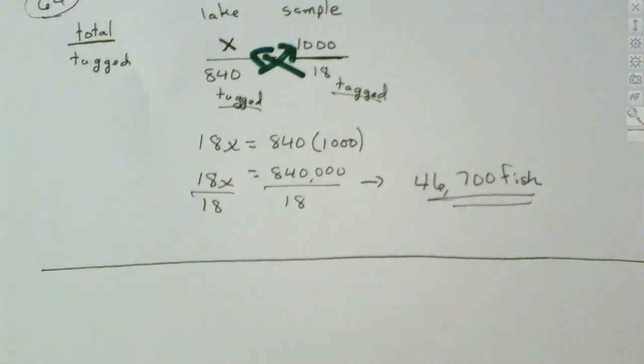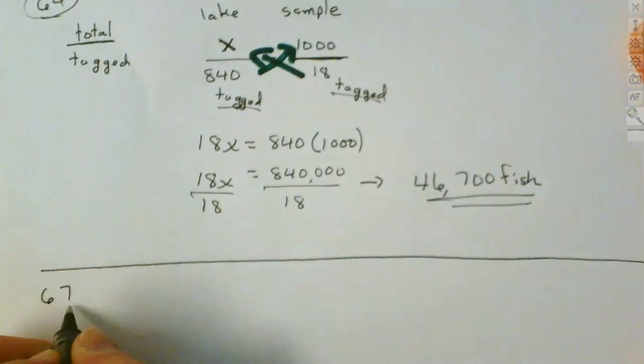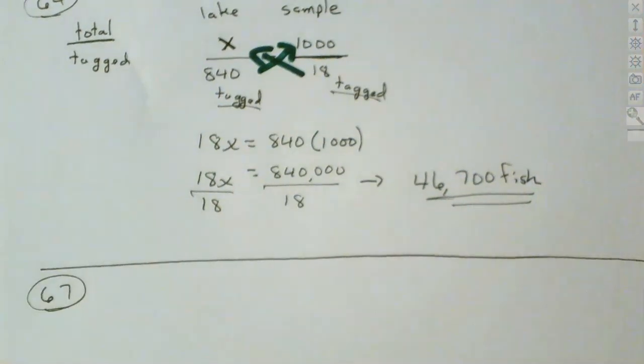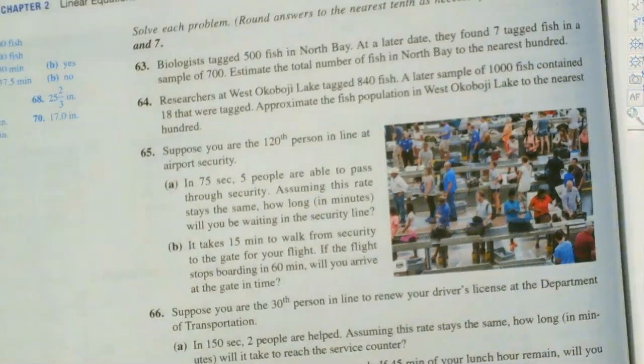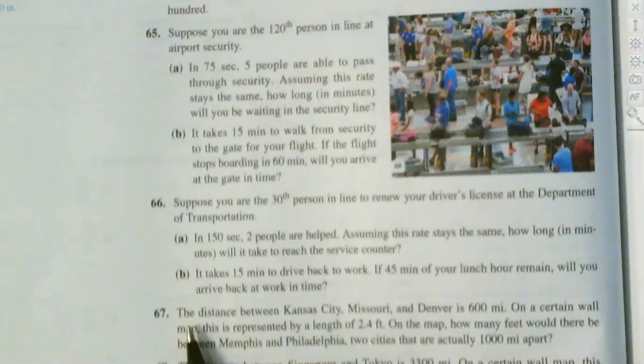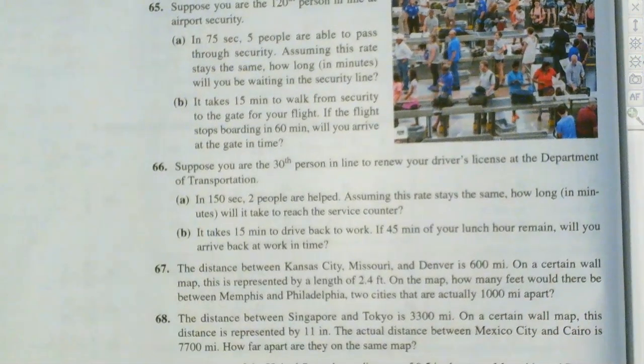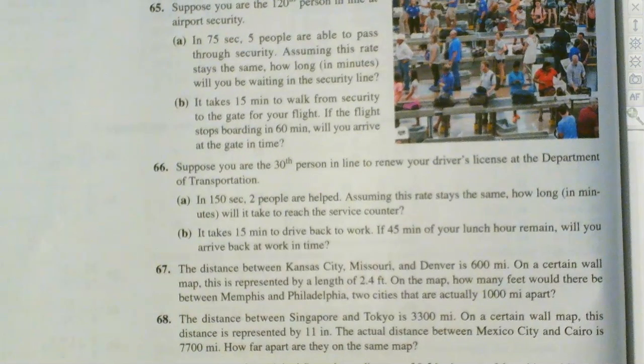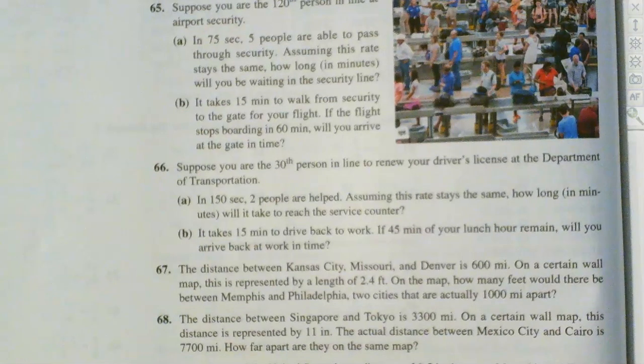Let's look now at a distance one. How about 67? They're all setting up ratios. So 67. The distance between Kansas City, Missouri and Denver is 600 miles.